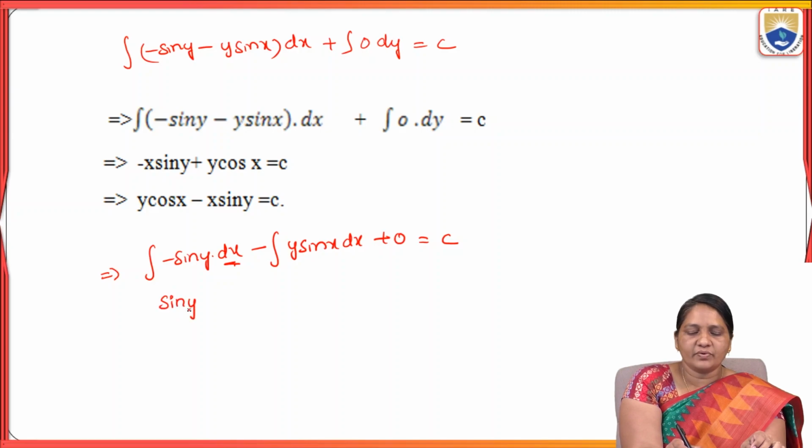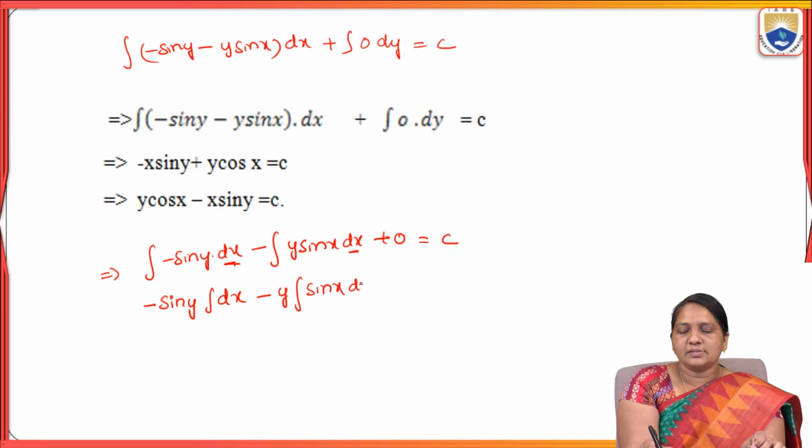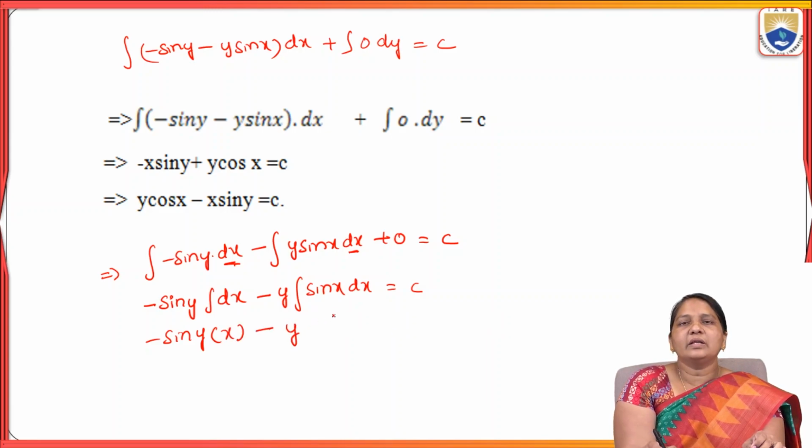So minus sin y is the constant. So integral dx, minus, here with respect to x, y also constant, integral sin x dx equal to c. So minus sin y, integral dx value is x, minus y into integral sin x. Integral sin x is minus cos x equal to c.